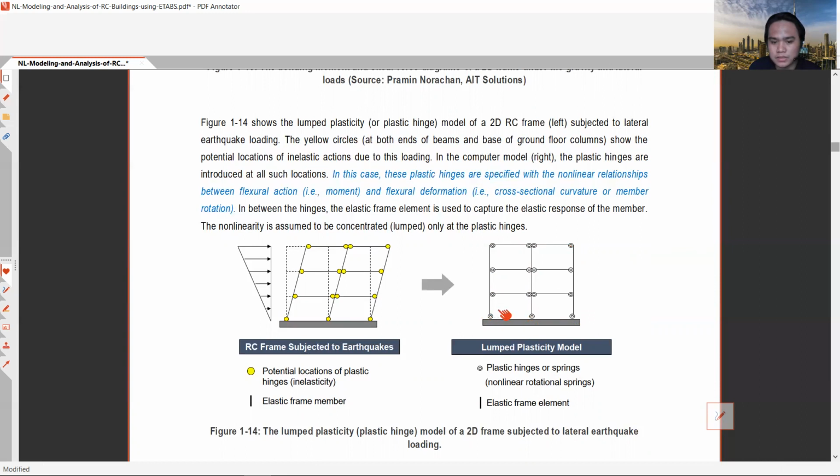Dun lang sa may support, malapit. And for the beams, napansin ko is puro nandun sa ends. So, at the joint is nandito lang. Okay, so for the column, isa lang talaga. So 3-story column to, dito lang sa may ends sa ilalim.